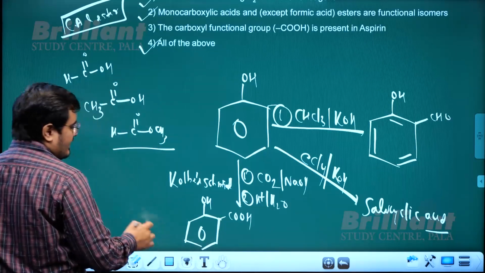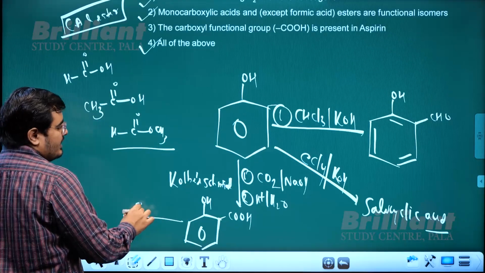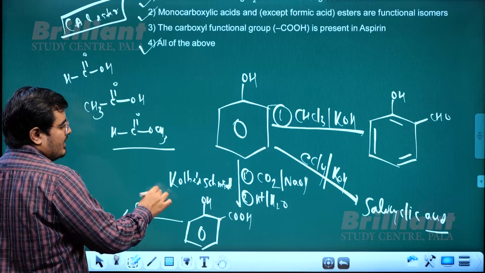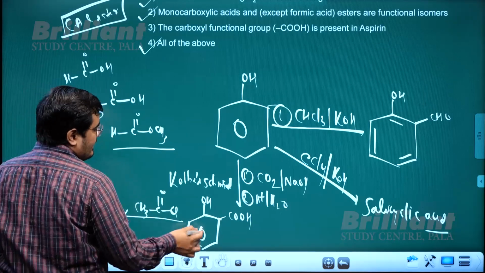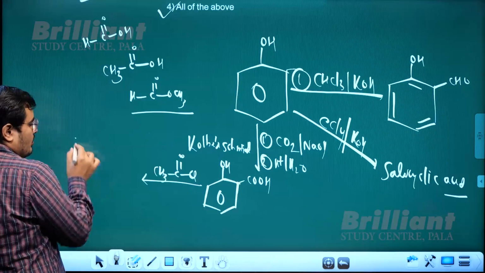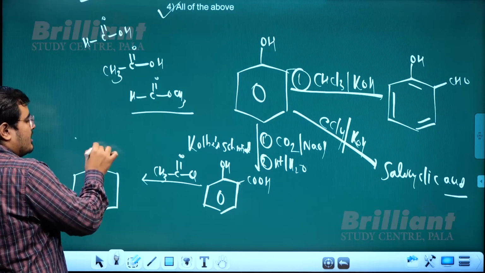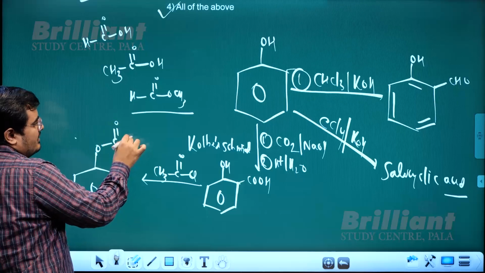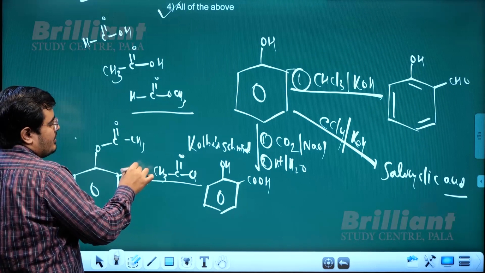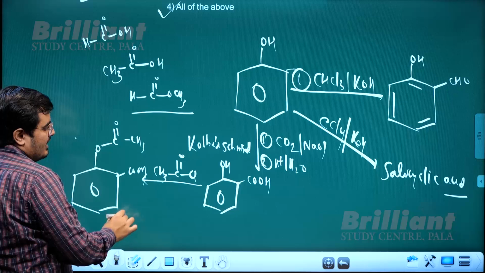Now this salicylic acid, if you are going to treat it with acid halide, that means you are going to do acetylation, then the OH group will get acetylated and it will become OCOCH3 with COOH, which is actually your aspirin.